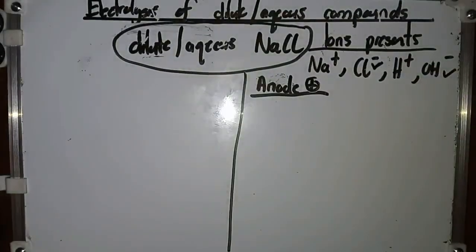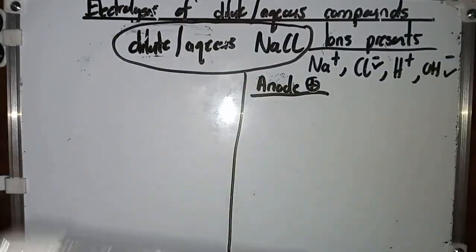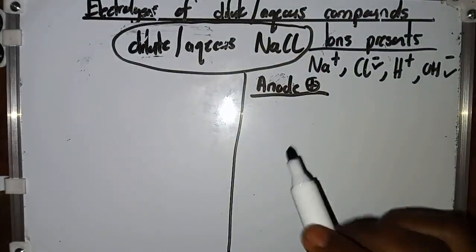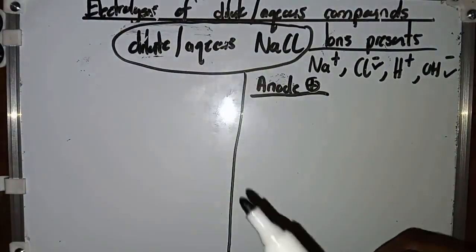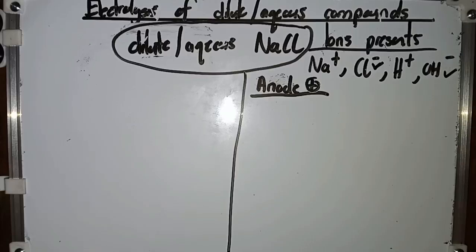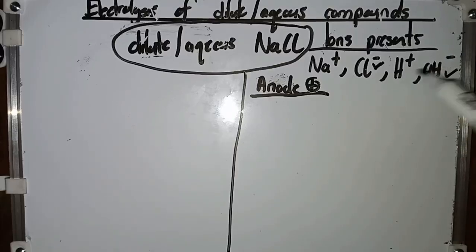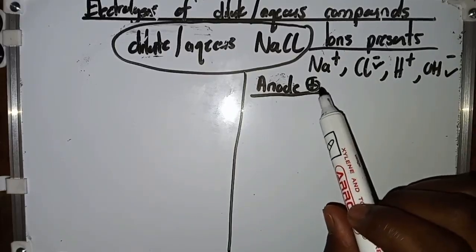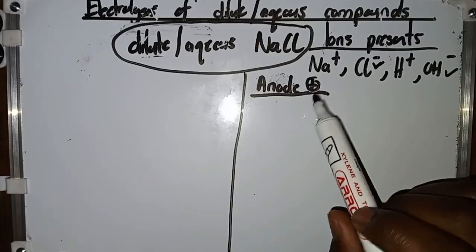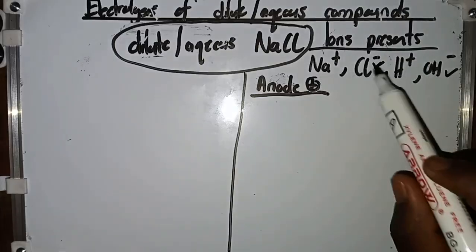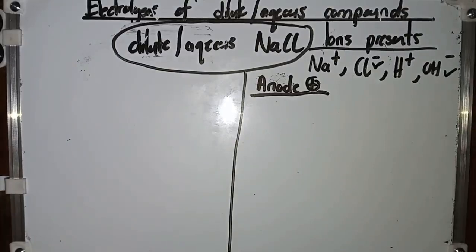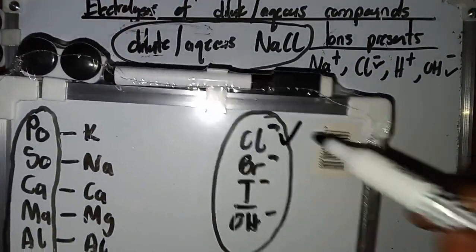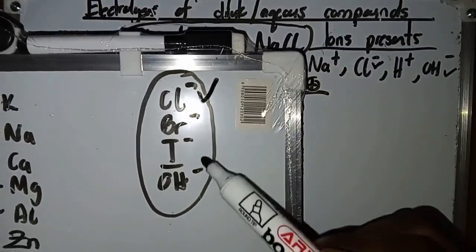Coming back to the anode, the remaining things are just the same. The only new things are the reactivity series and these additional ions. The anode is the positive electrode, so it attracts the negative ions. Here we have Cl minus and OH minus.